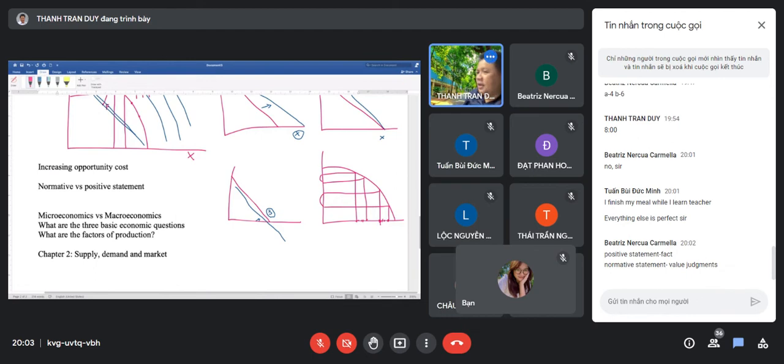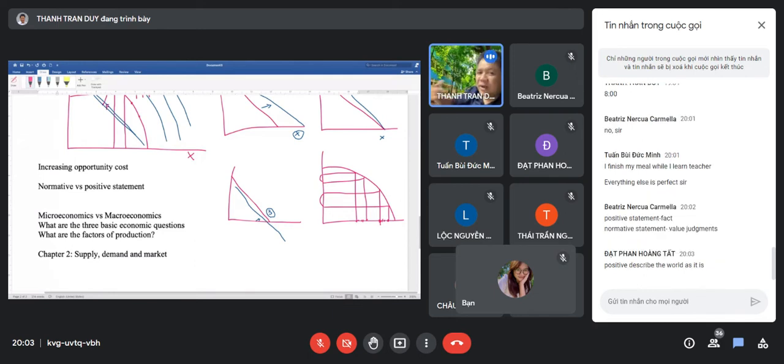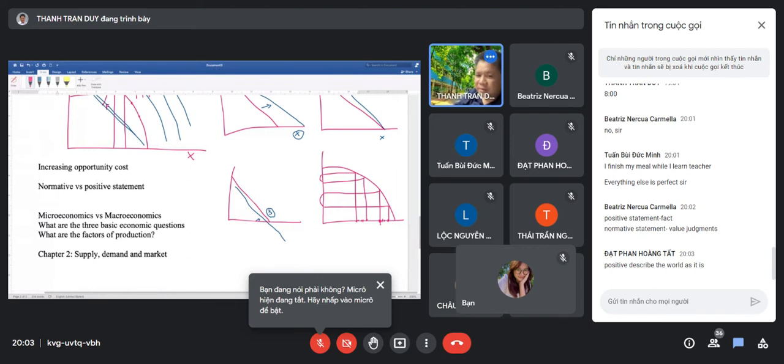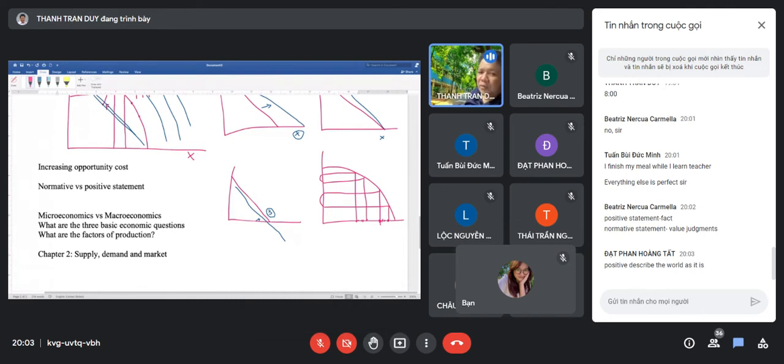Positive is a fact, but positive normally is a kind of thing that we use words that describe the reality. Yes, describe the realities. And positive, we want to do what?